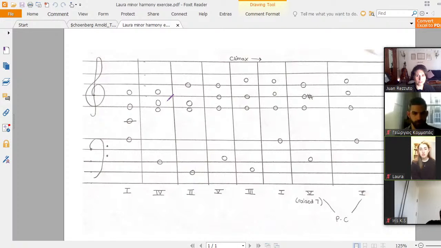But then where did it resolve this diminished? Should it have resolved down a step rather than up? Well, this is soprano.